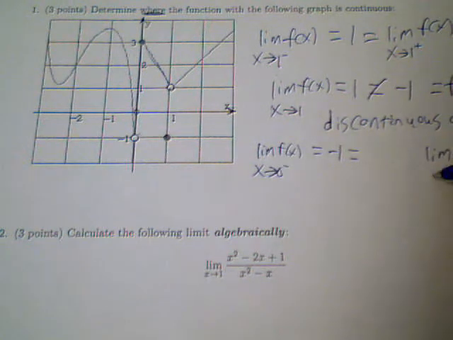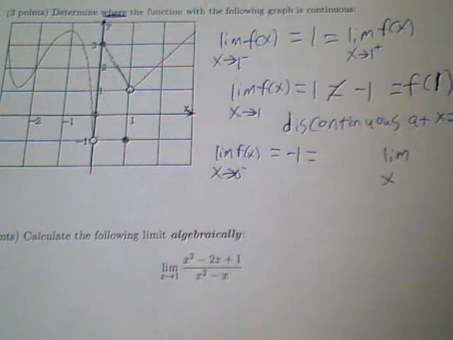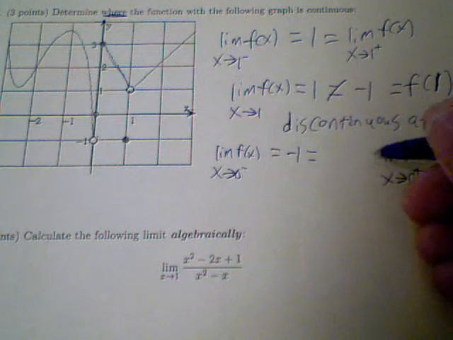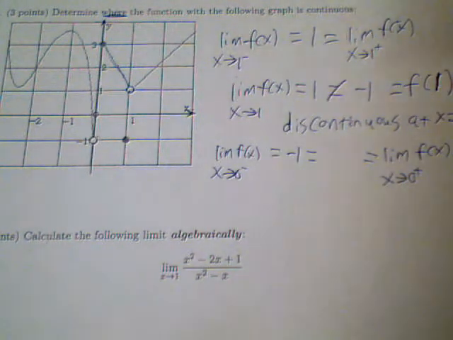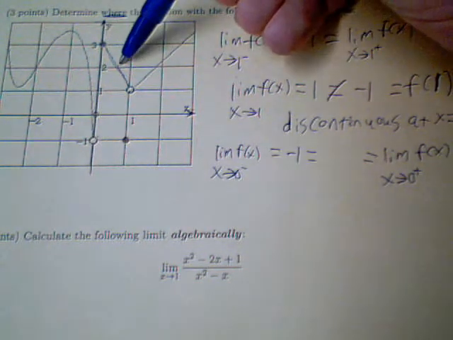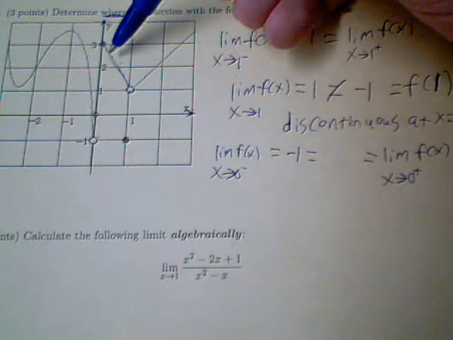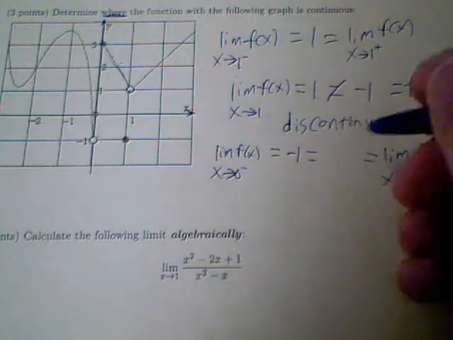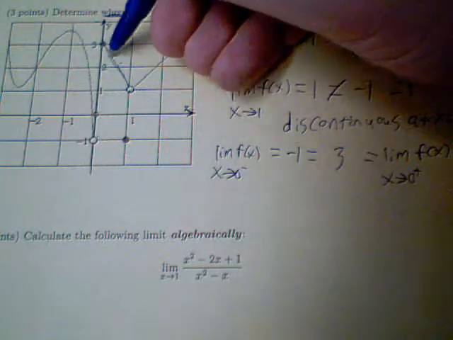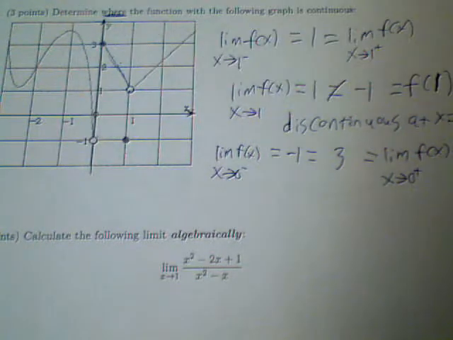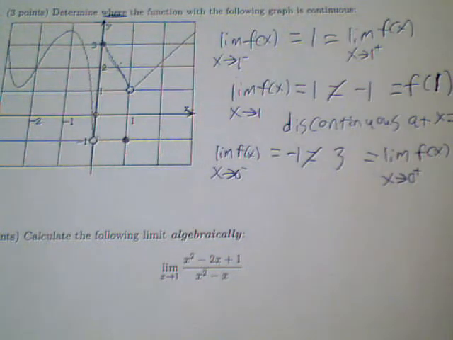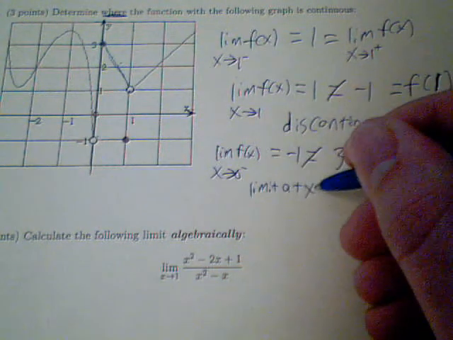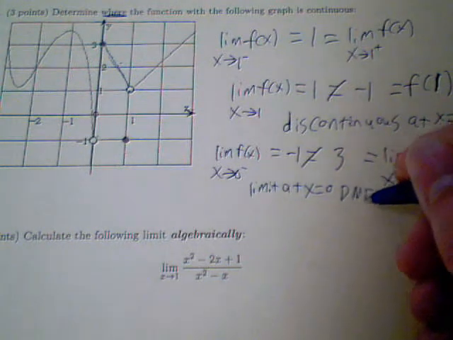The limit as x approaches 0 from the right. Here's 0, so I want to be a little bit to the right of 0, so I'm going to come in this way, and I'm going to hit 3. This line over here ends at 3. This one over here ends at negative 1. Uh-oh. Those are not equal. So the limit at x equals 0 does not exist.